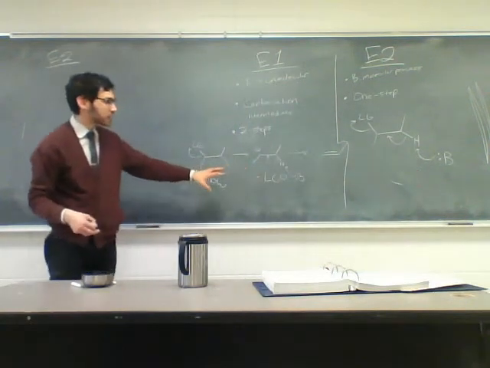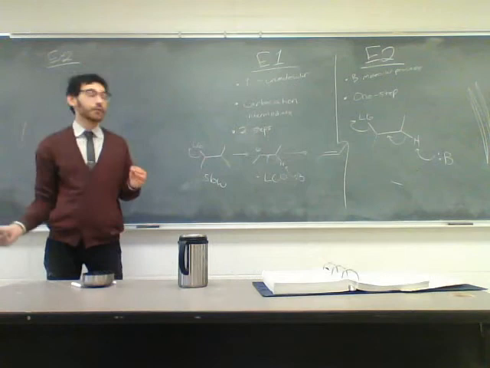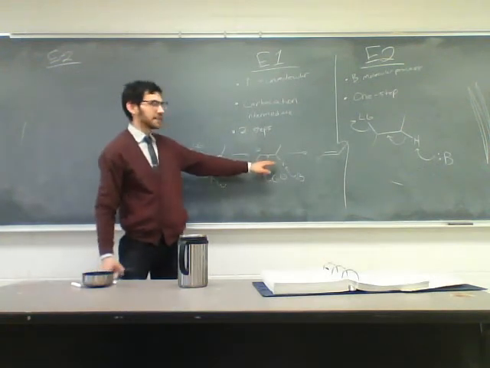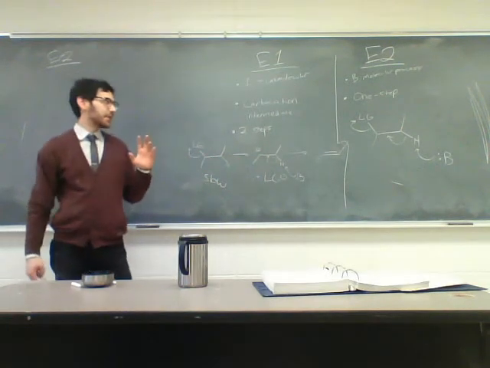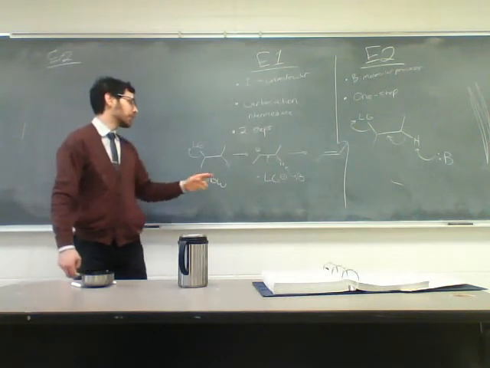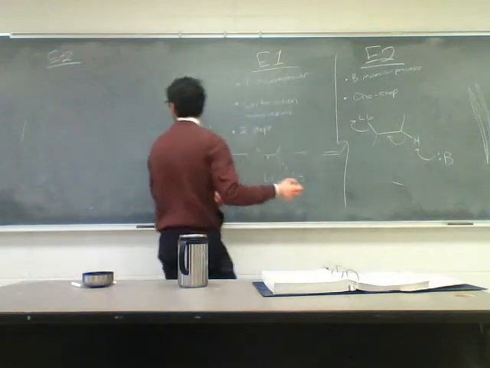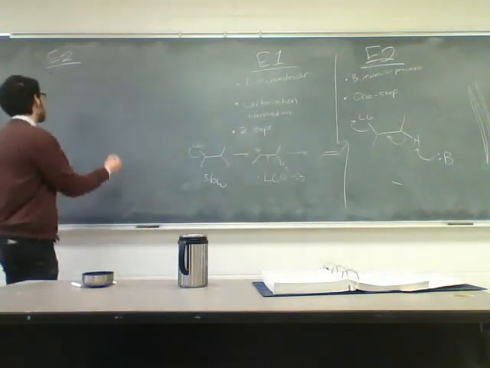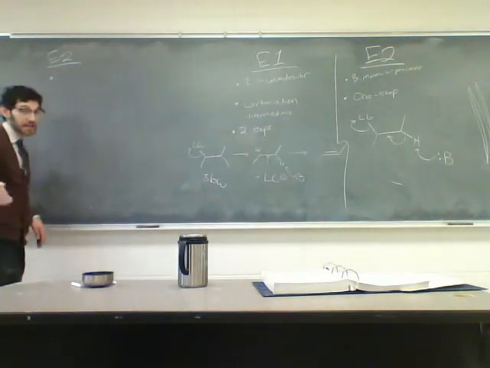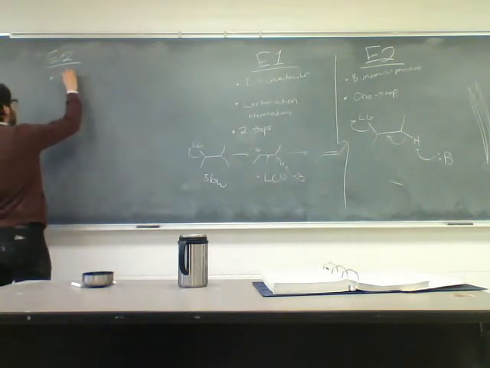In the E1 reaction, the base comes in after all of the hard work is done. It comes in and attacks this hydrogen that's already been made more acidic. So this base is a better base. And in an E2 reaction, we need, by contrast, a much better base.